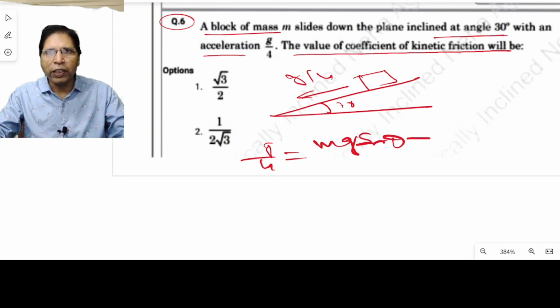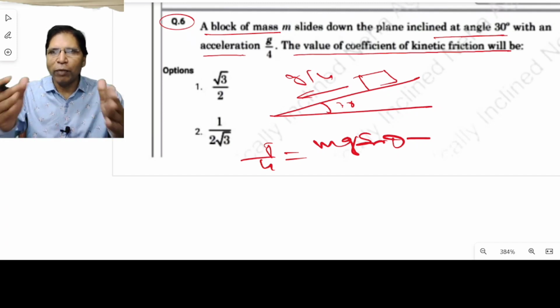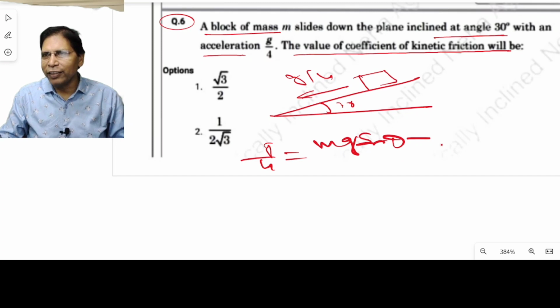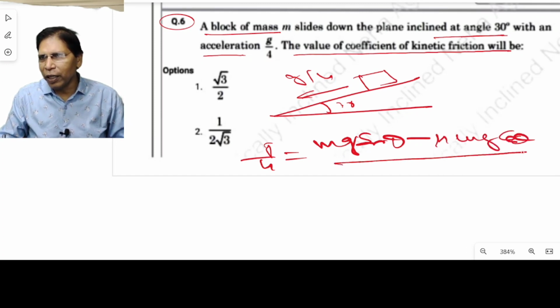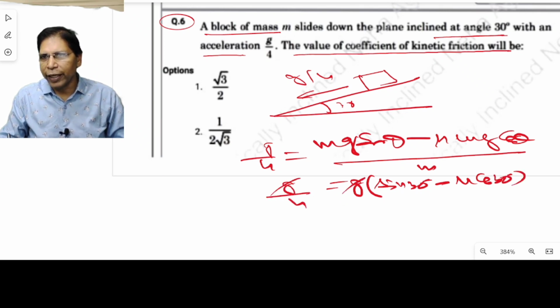What is force of friction? Force of friction equals μN, and N equals mg cos θ. So this is μ mg cos θ divided by m. So g/4 equals g sin 30° minus μ g cos 30°. g cancels out.